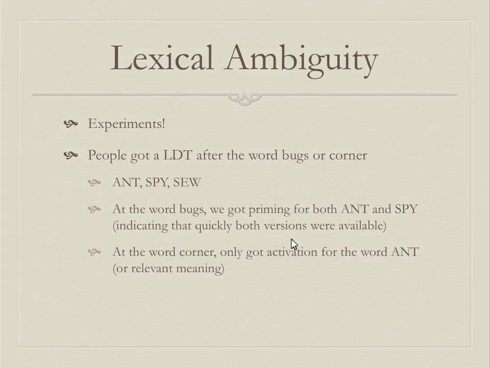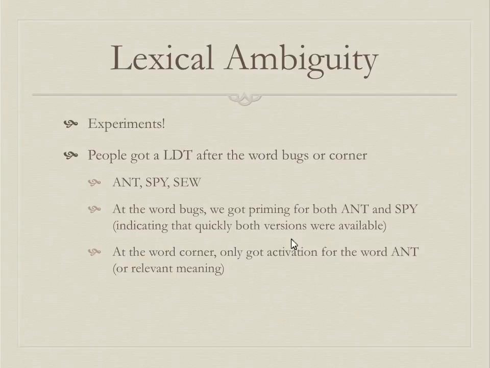Okay? And so it appears with these studies and a couple of others that the multiple meanings one is true in the sense that right away we get all the different options activated, but a couple words later they've all dropped off, and so only the most relevant one is activated.